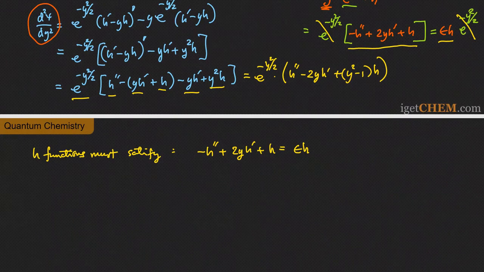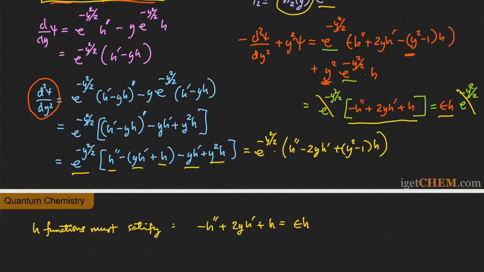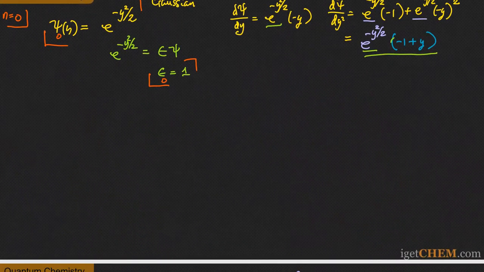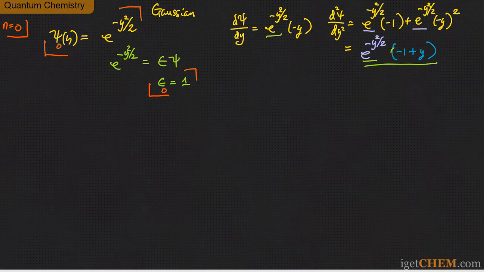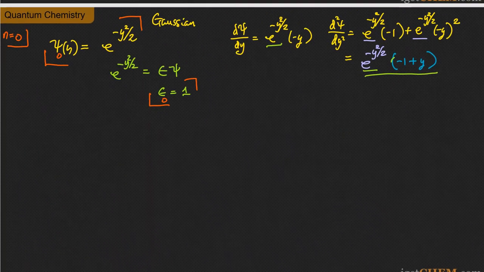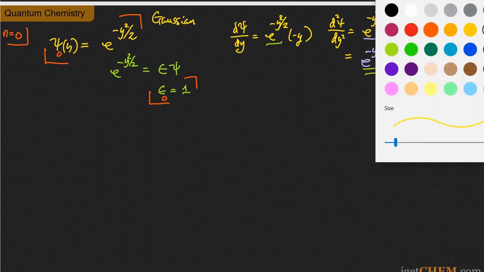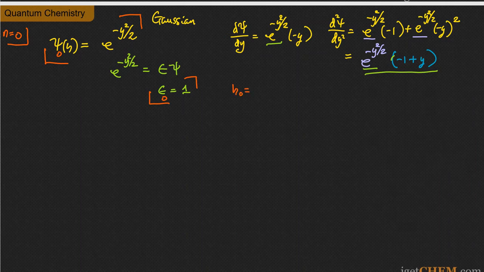So let's go back and first see that the first eigenfunction that we have already figured out in fact satisfies this equation. The functional form that we are assuming is this, and in the first eigenfunction that we have found, psi is just equal to the Gaussian. So for the first eigenfunction, H0 is basically just equal to 1.